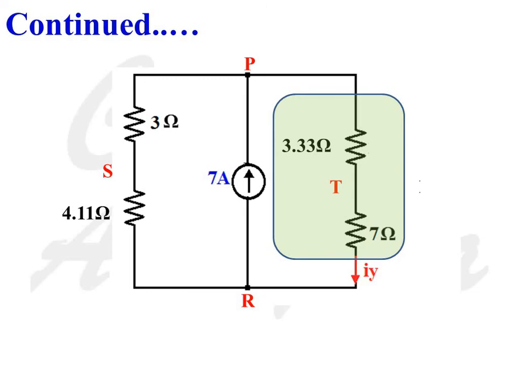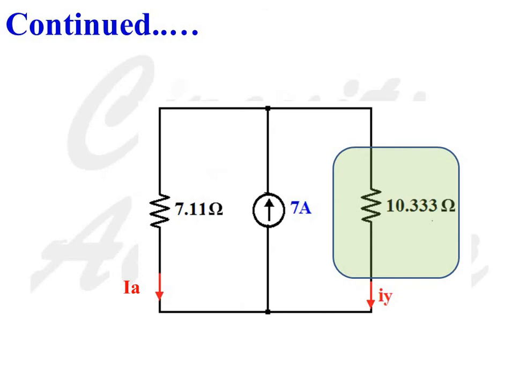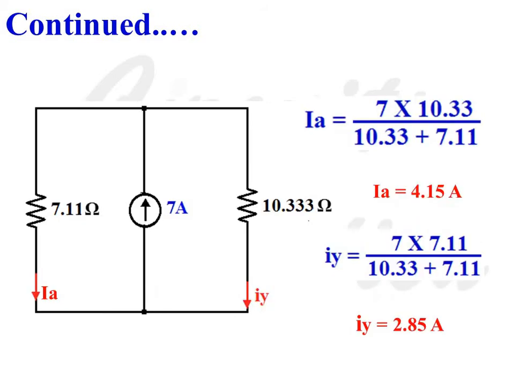So we can combine these two resistors to replace the resistors with a single resistance of value 10.33 ohms. Now this is our circuit. The given circuit is reduced to a circuit which consists of two resistors and one current source.